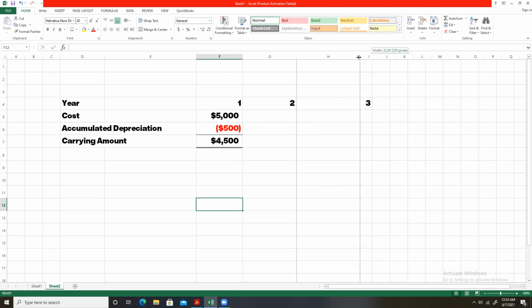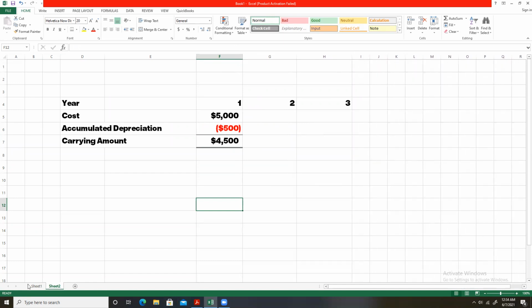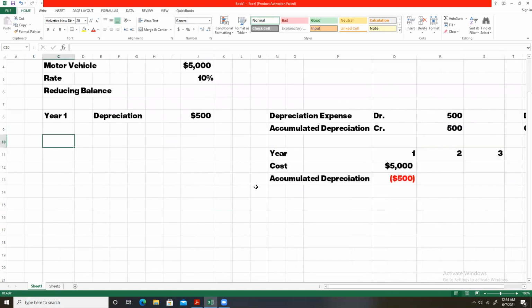Moving forward, what will happen in the second year? In the second year of the life of the asset, depreciation will be charged.